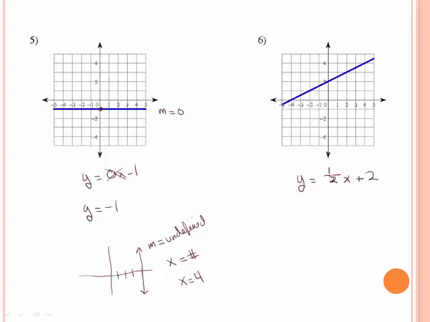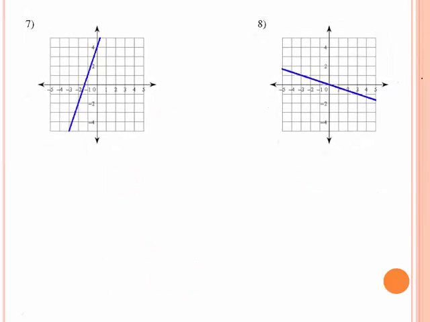Okay, check your answer. Did you find that the y-intercept was 2, and then that from there you went up 1 and over 2, giving you a slope of 1/2? Here are 2 more to try, so why don't you go ahead and pause the video and try these and see how you do.